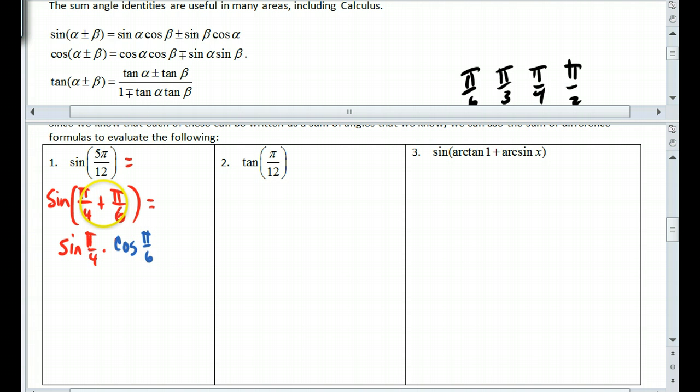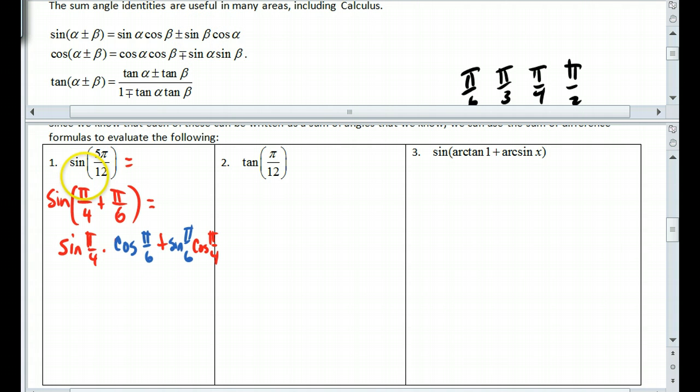And since I have a plus here, I match that up with a plus here. So this would be plus. And then what I do from here is I take the sine of beta and then the cosine of alpha. So I'm going to have cosine of pi over 4, and then the sine of pi over 6. Because that's the sine of beta, that's the cosine of alpha.